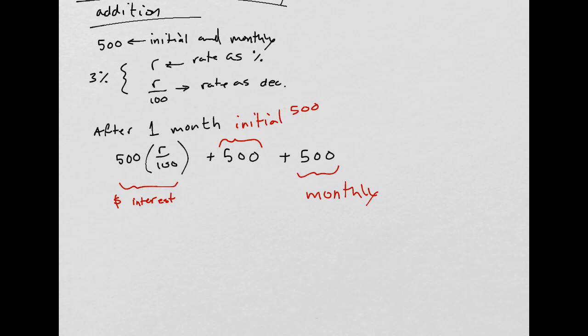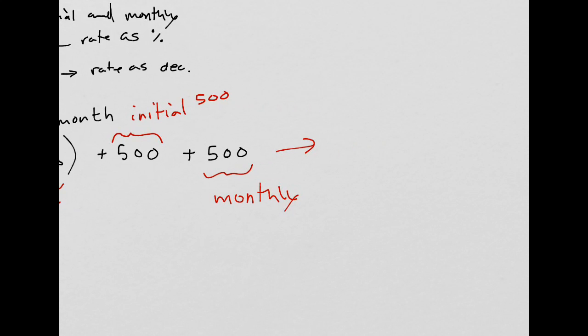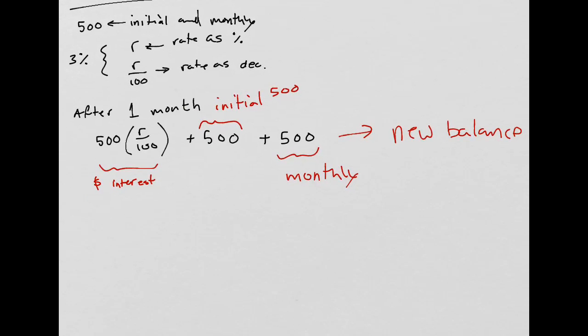So that's what I did for month 1, and that's going to give me my new account balance, some other number greater, definitely 1,000 plus whatever 3% of 500 is.